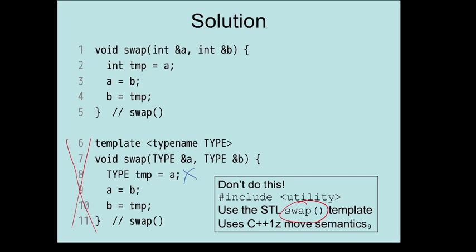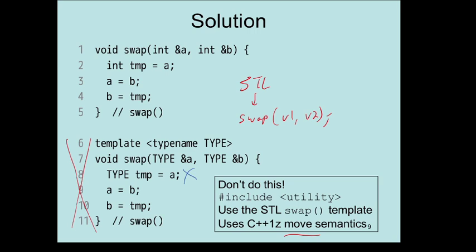And the other reason not to do this is that the STL version uses move semantics for efficiency. For example, if I had two vectors and I call the STL version of swap, and I give it vector1, comma, vector2, it will swap those vector contents in O of one time, because the STL version of swap knows how to get a vector to actually swap its pointers and its sizes.